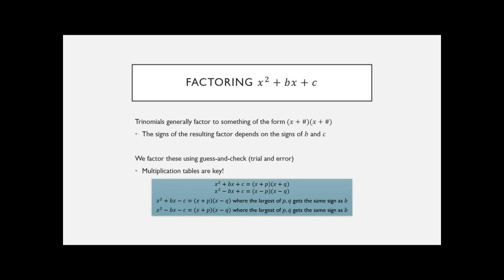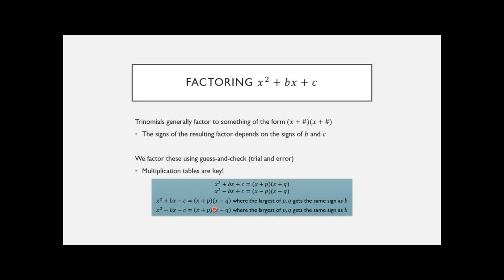There are 4 different ways that you can have your plus and minus signs for something of this form. If you have all plus signs, then you're going to have all plus signs in your factored form. If you have a negative sign in the middle and a plus sign at the end, you're going to have both negatives. If you've got a negative at the end, it doesn't matter what the middle sign is, one of them is going to be positive and one is going to be negative, so you're going to have opposite signs.